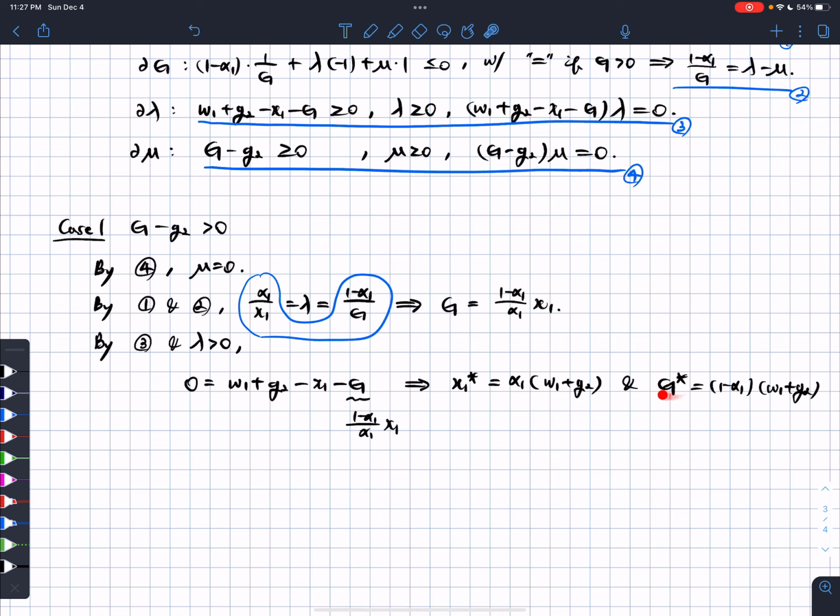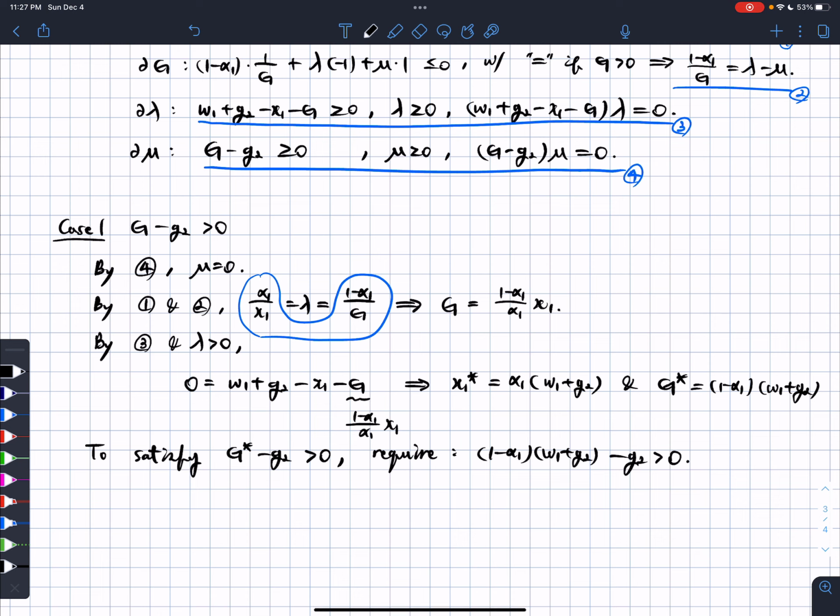But we have this big G star equal to this much. So to satisfy this assumption, we should require that big G star minus G2 is larger than 0. We need to require the following: 1 minus alpha 1 times (W1 plus G2) minus G2 larger than 0, right?